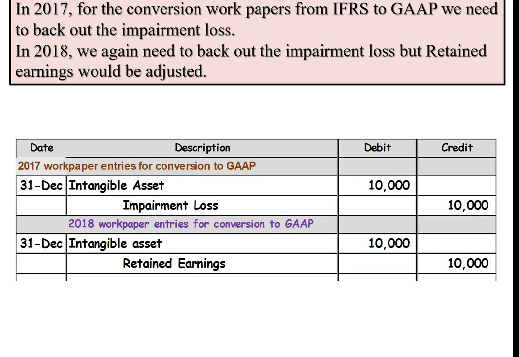So in 2017, to convert to GAAP, we're going to add back in to the intangible asset the 10,000 and back out the impairment loss expense. In 2018, again, we're going to reestablish the intangible asset at its original amount, but this time we're going to go against retained earnings since this is from a prior year.